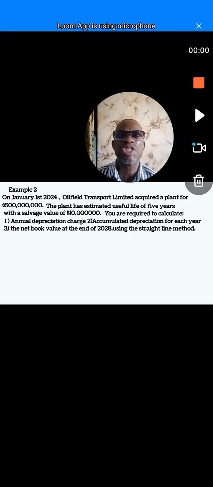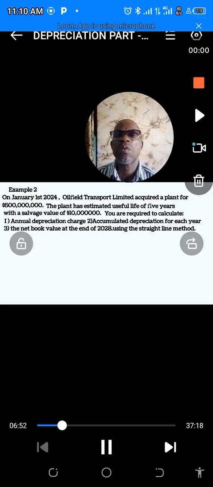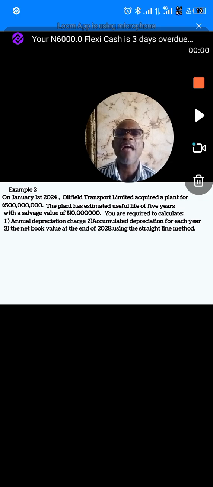Now, we are to calculate 3 things here. In this question, the cost is 500 million and the scrap value is 10 million, while the useful life is 5 years.